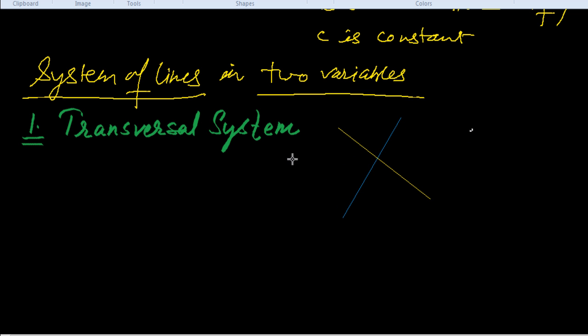This is a transversal system where both the straight lines intersect each other somewhere. So there is a unique solution we get here. The common point is only one. In this sort of equation, there is only one common point.